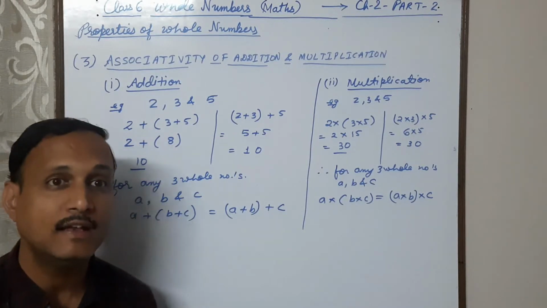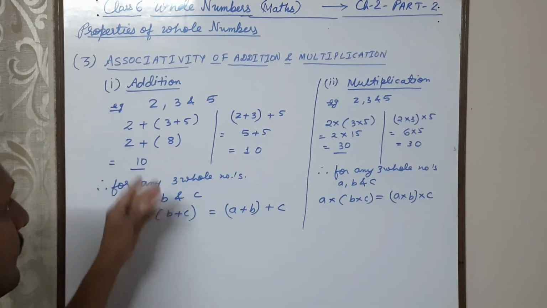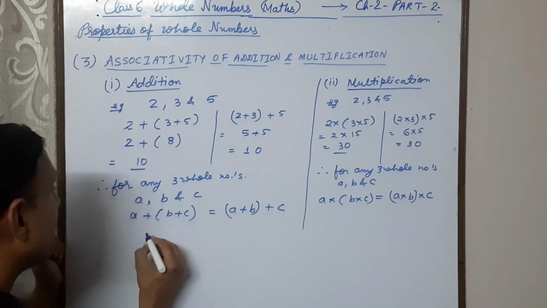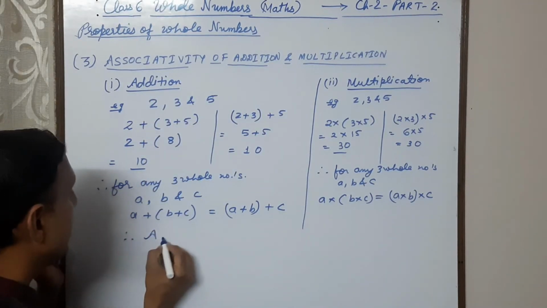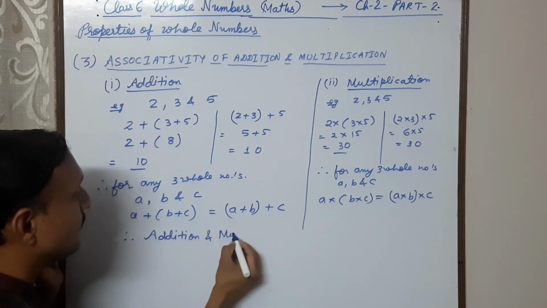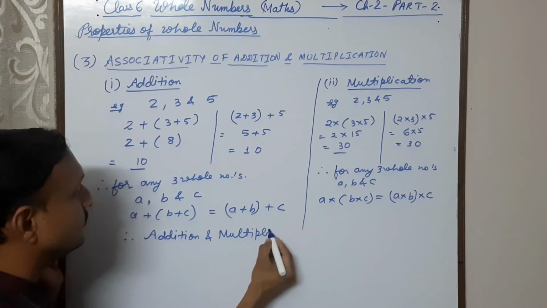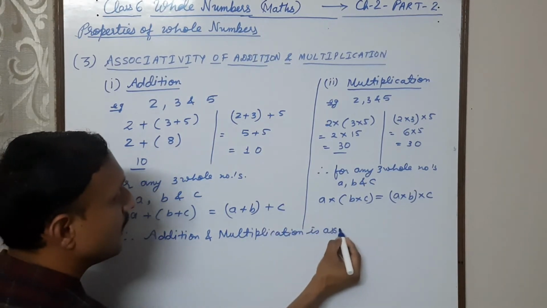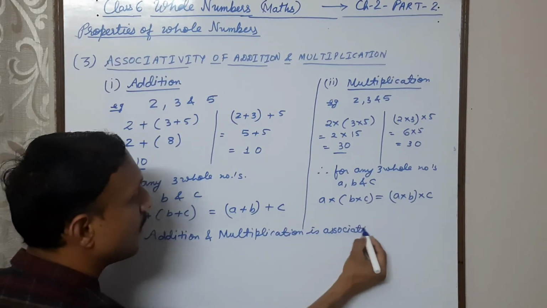So addition and multiplication are associative for whole numbers.